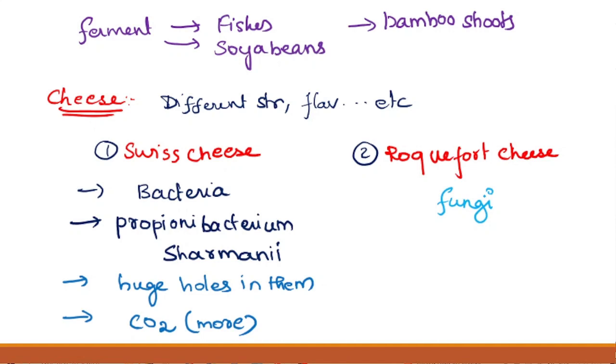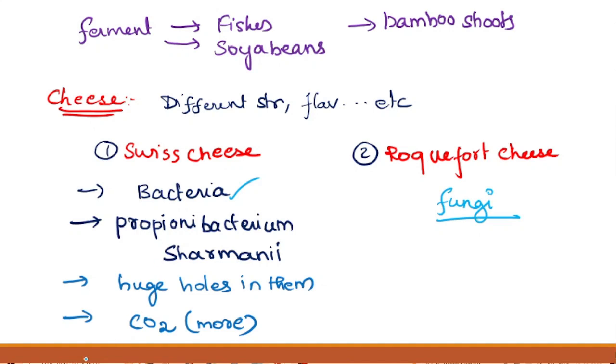So Roquefort cheese is prepared with specific fungi, not with bacteria. It is prepared with fungi, right? That is what is given in your textbook. So these are the uses of bacteria in your day-to-day household products.